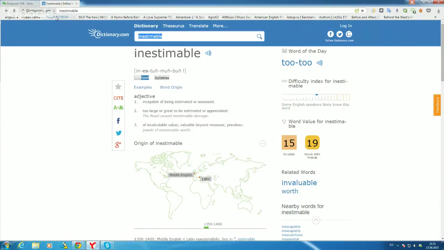Incapable of being estimated, or assessed. Inestimable means it is so great that you can't measure it. It is so great that you can't describe it. Okay, I see. Okay, let's go back to Magoosh.